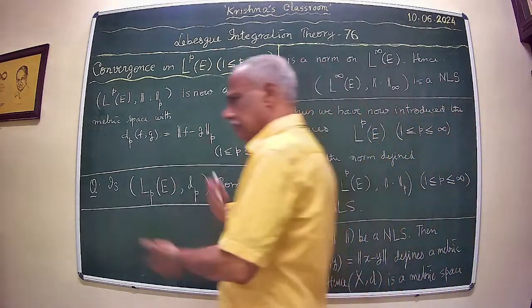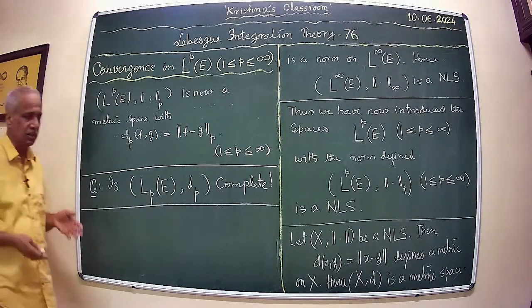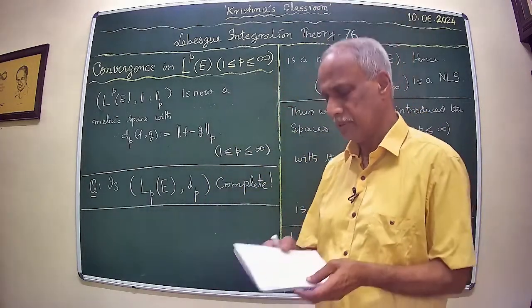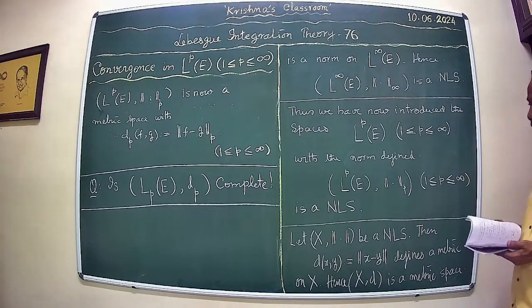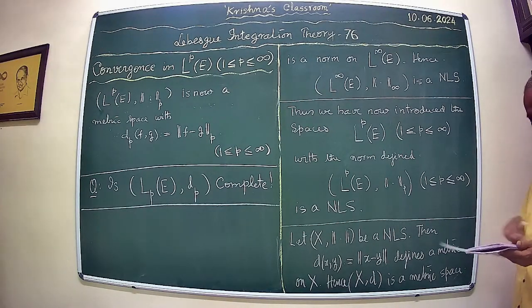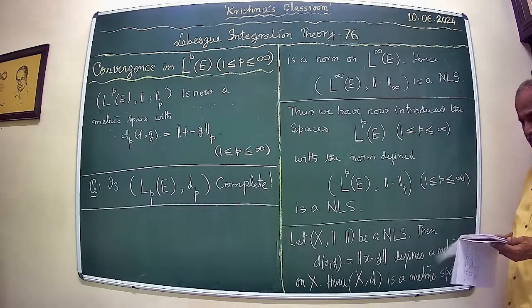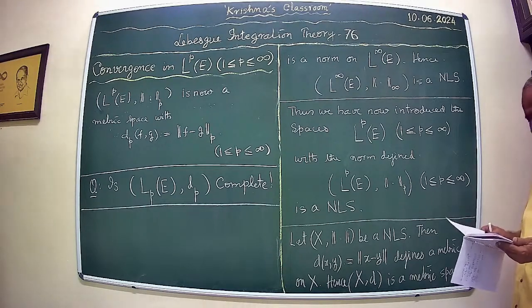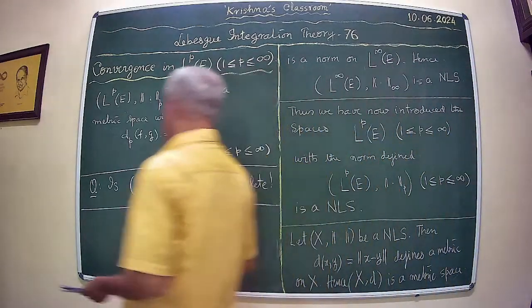So we will start systematically working on this and also look at some results which are required for our purpose. And instead of working on L^p, we will work on a general space X. So that's our strategy.